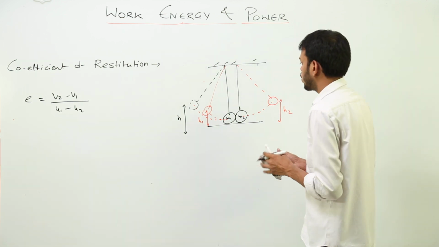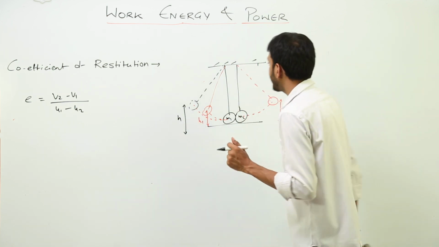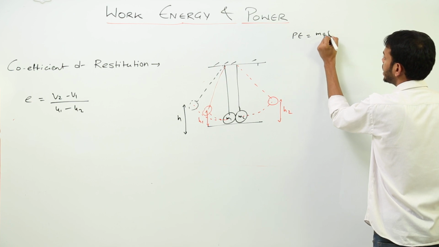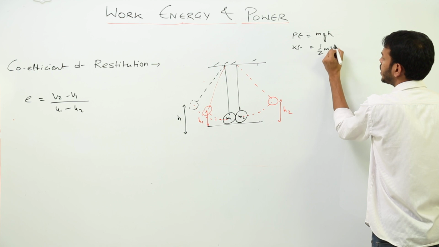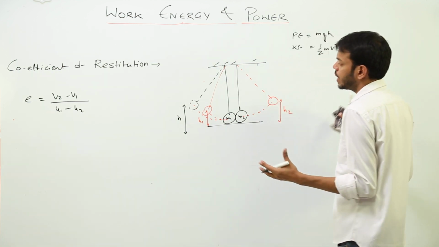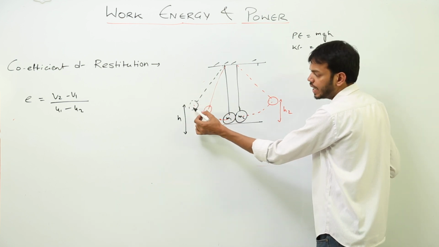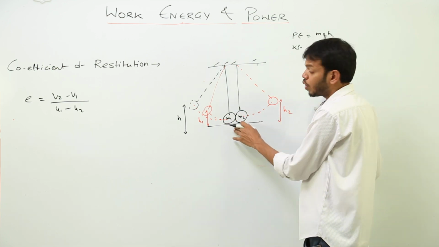Simple. We also know the formulas: potential energy is mgh and kinetic energy is half mv square. According to the law of conservation of energy, whatever energy is possessed by this body at this height will all get converted into kinetic energy at the lowermost point, right?